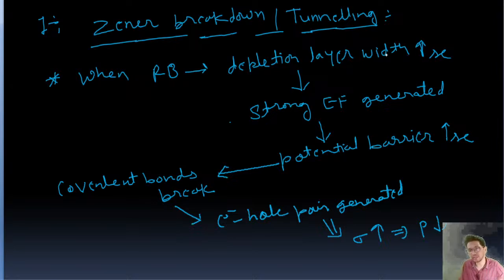Because of that there would be more electron hole pairs inside the diode, so the conductivity will increase, and conductivity increases means resistivity decreases, right? Because conductivity is inversely proportional to resistivity. Okay, so this is the Zener breakdown. In this chart I have explained it.